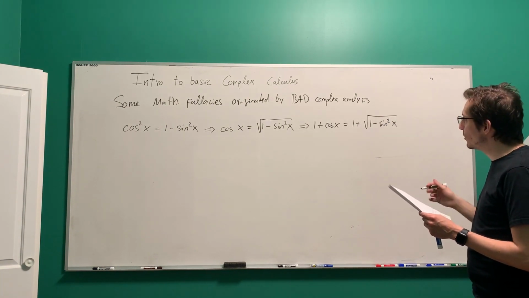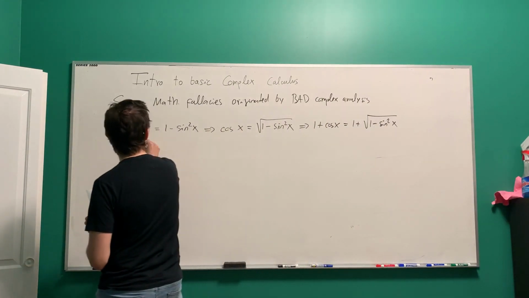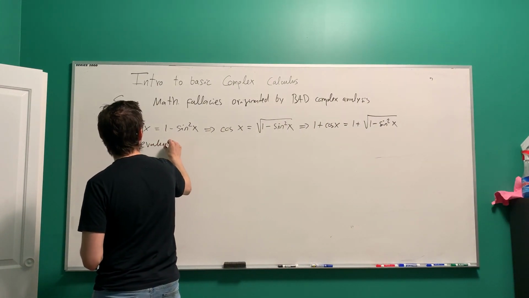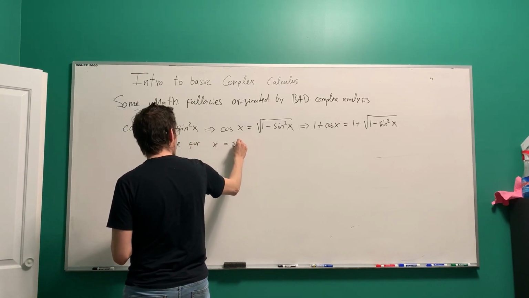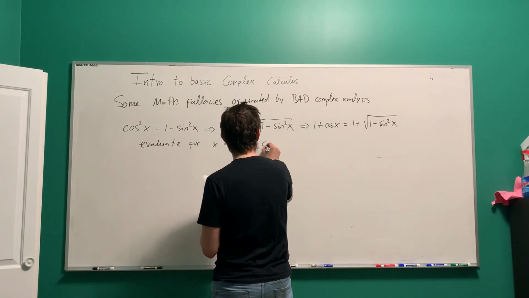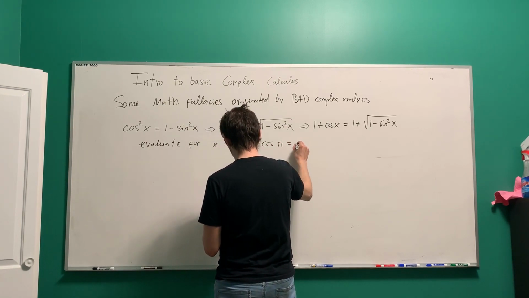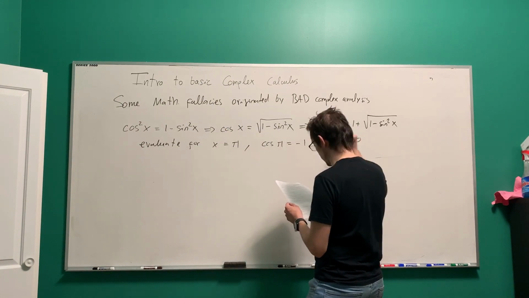And now let's evaluate this identity for x equals pi. Of course, I know that in that case, cosine of pi is equal to minus 1, and sine of pi is equal to 0.